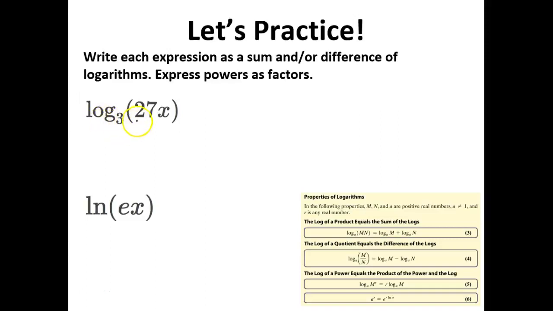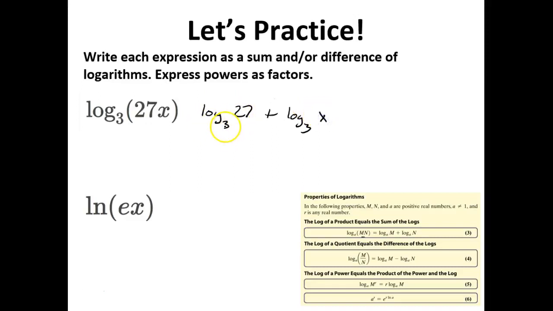Here we have log base 3 of 27x. We have the log of a product. To have a log of a product, we can have two individual logs where we have the factors in between. So we have a product, changes to addition with the properties of logs, 27 and x.